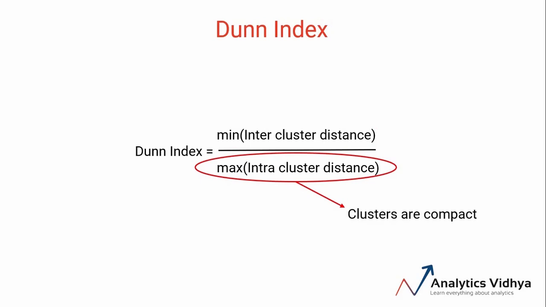Again, it's simple math. Here we are taking the maximum of intra-cluster distances. The intuition remains the same. The maximum distance between the cluster centroids and the points should be minimum, which will of course eventually make sure that the clusters are compact. To make sure that both the properties of clusters are satisfied, we try to maximize the Dunn index, which ensures that the clusters are compact and far away from each other.